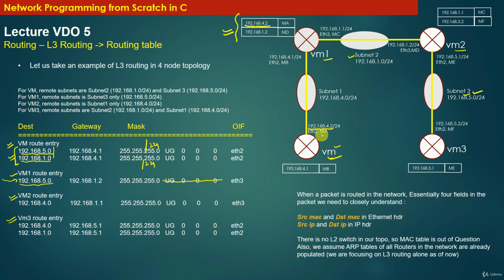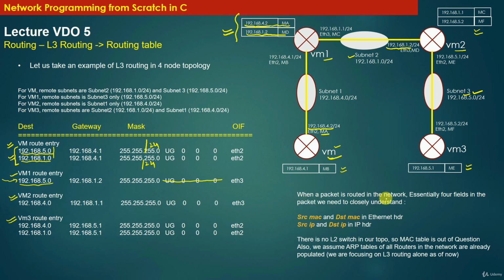And the MAC address of this physical interface is MA. So the router has an IP address to MAC address mapping for the next hop IP address, right? Similarly, for another neighbor, 192.168.1.2, the router VM1 has an IP address to MAC address mapping. Similarly, ARP tables for all other routers in this topology are populated.